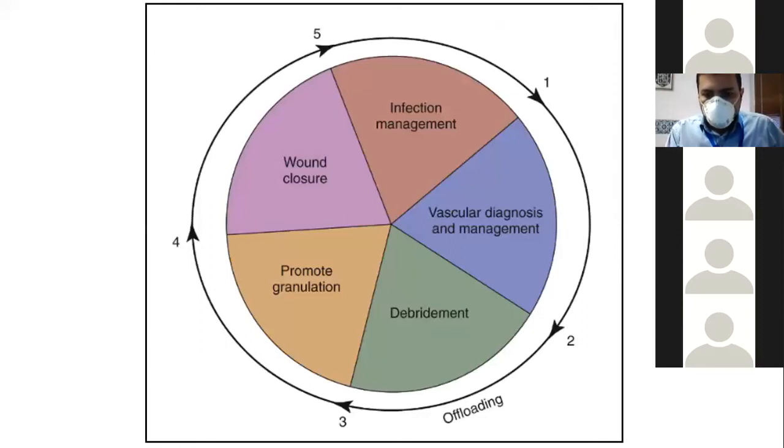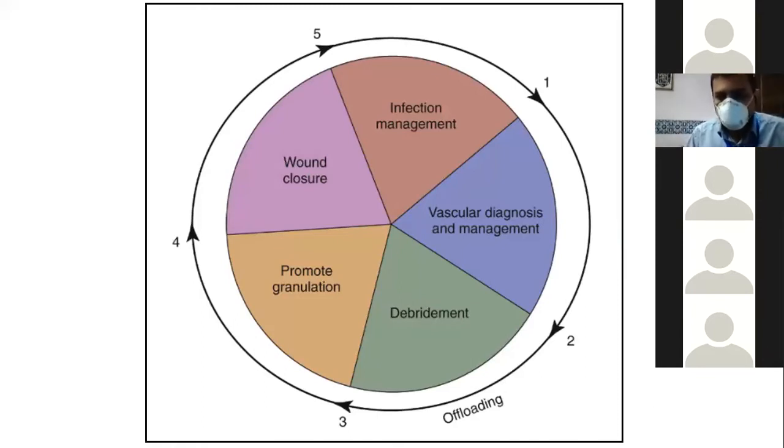No, okay. So this is the algorithm I am going to take: in a patient who has a wound, we first have to control the infection. We have to do some imaging, do debridement, and offer offloading. But if we do not improve the blood supply, the wound is not going to heal.